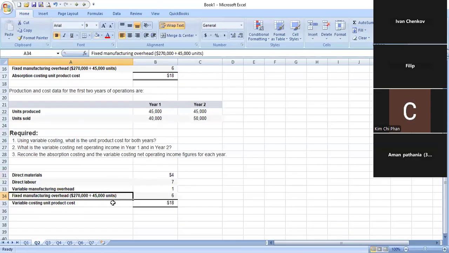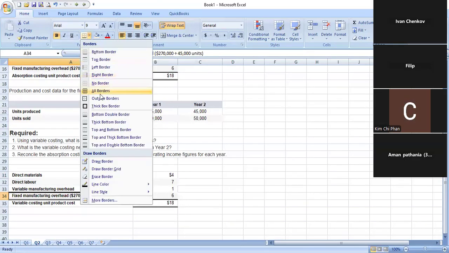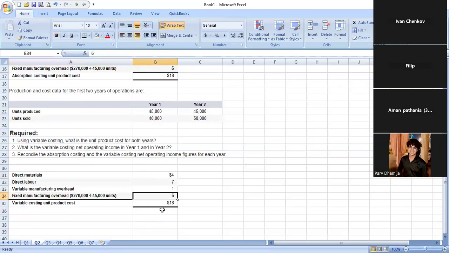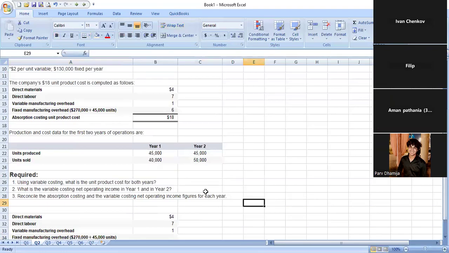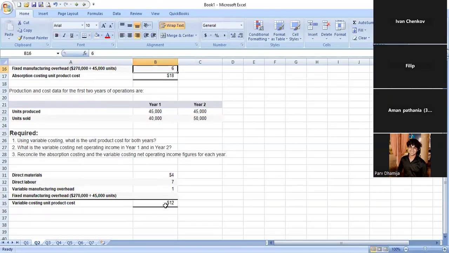And if we have to adjust for something, what will we have to adjust for? We will have to take out the fixed manufacturing overhead. So let's take it. What's happening with our total cost? It goes down. How much down? $6 down. Correct?